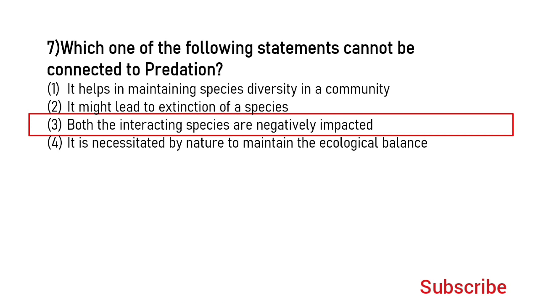If a predator is too efficient and overexploits its prey, then the prey might become extinct. So, your right answer will be third, that is, both the interacting species are negatively impacted.